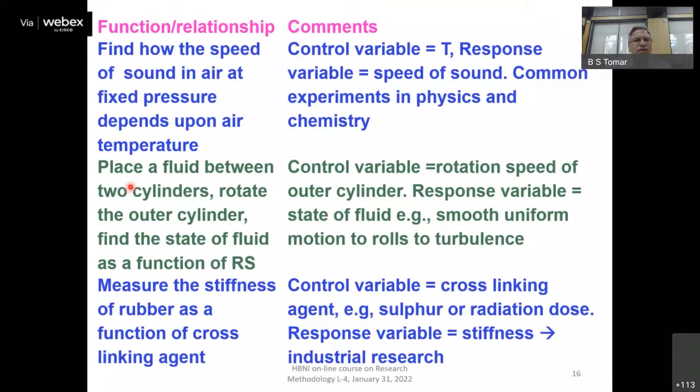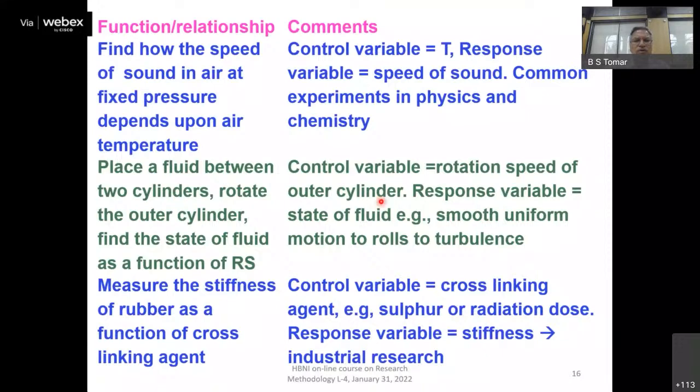Another example is to place a fluid between two cylinders, rotate the outer cylinder, and find the state of the fluid as a function of rotational speed. The control variable is the rotational speed of the outer cylinder, and the response variable is the state of the fluid, like whether it is smooth, uniform motion, or it forms rolls, or it is a turbulent motion.